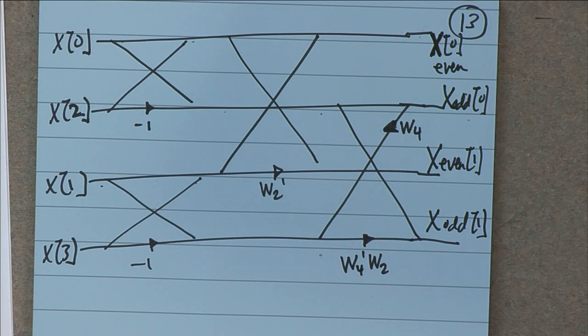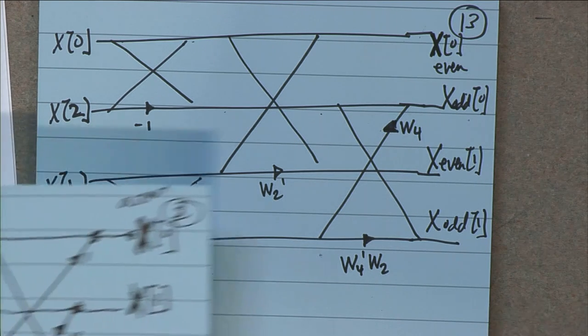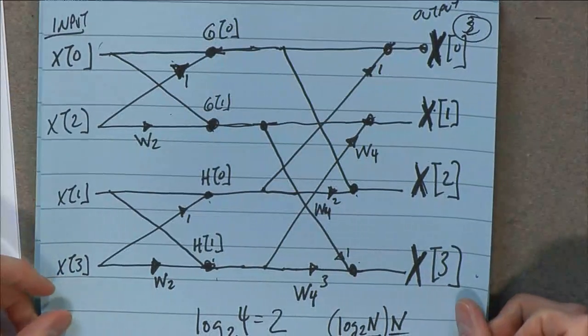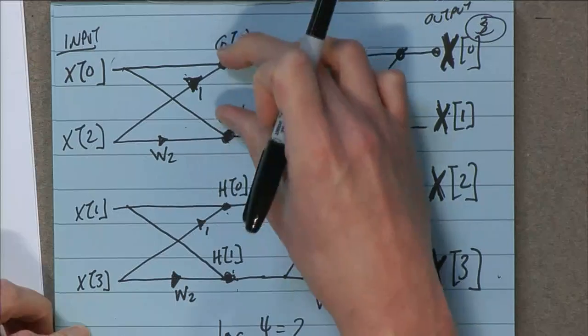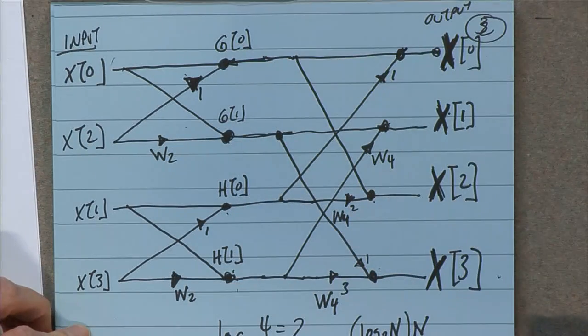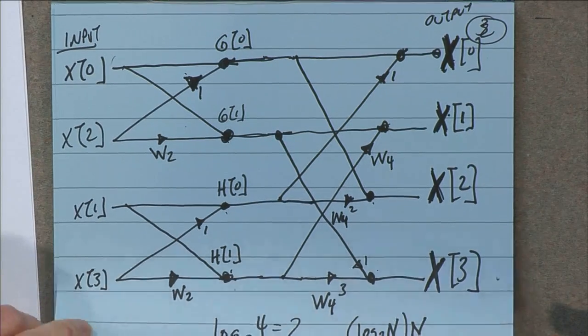Now what I wanted to show is if we go back, kind of in the Wayback Machine, to the very beginning of the lecture where we were messing with decimation in time, we ended up with a flow graph like this. This was the decimation in time flow graph with the butterflies, and the two double wide butterflies, if you would.